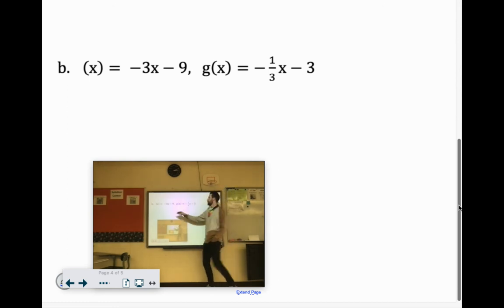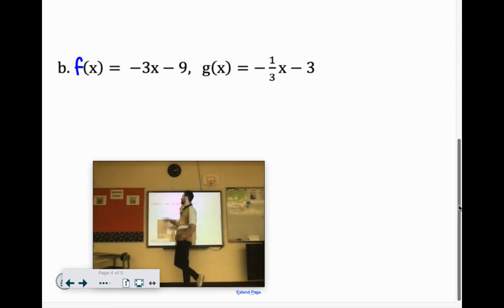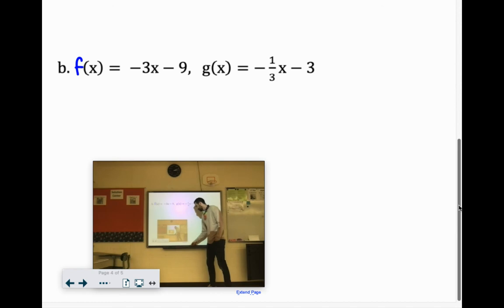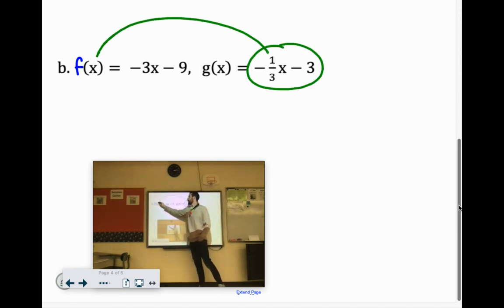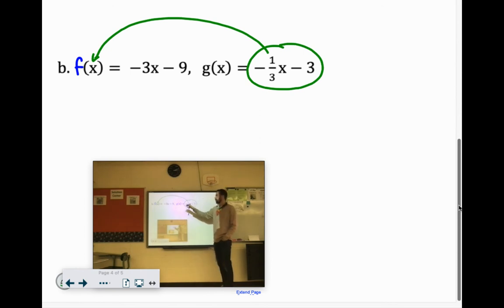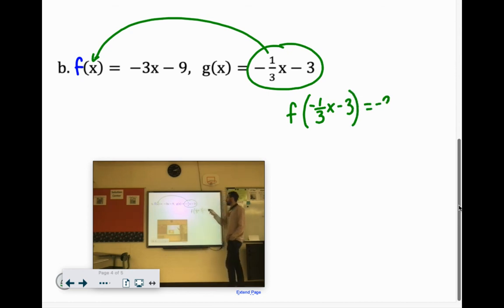One function, which I'm guessing this was supposed to say f of x equals negative 3x plus 9, and the other one is negative 1/3 x minus 3. So let's take g's equation, and we'll put it into f's function. So we'll say f of negative 1/3 x minus 3 equals negative 3x.